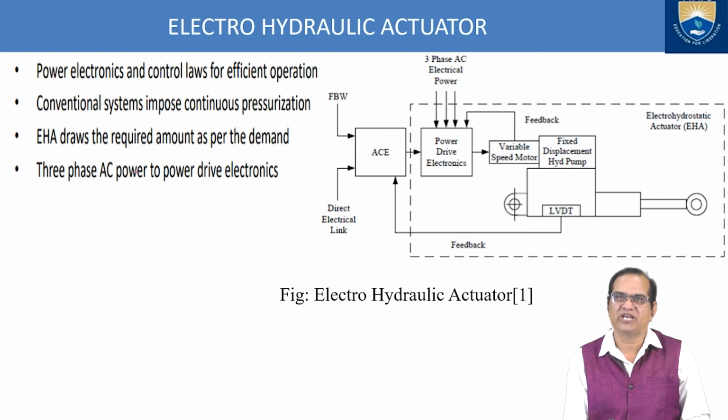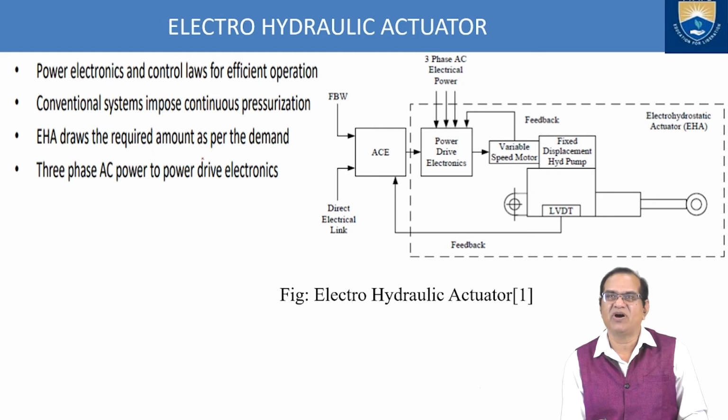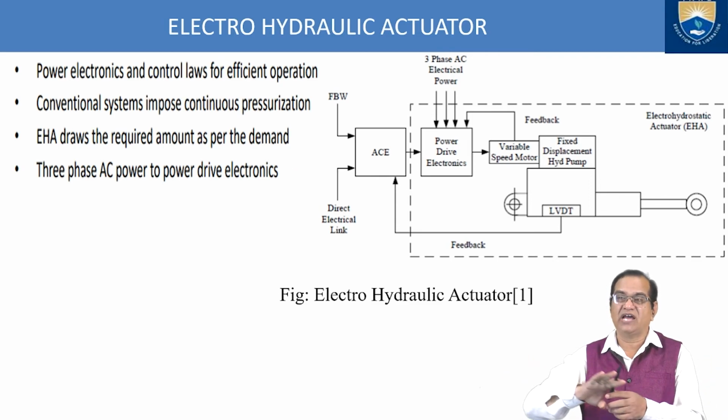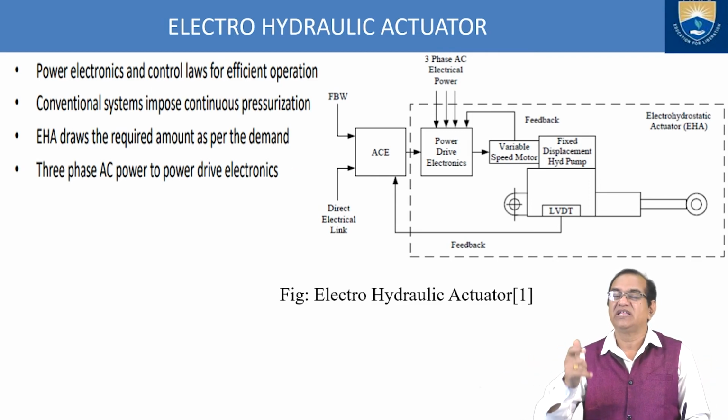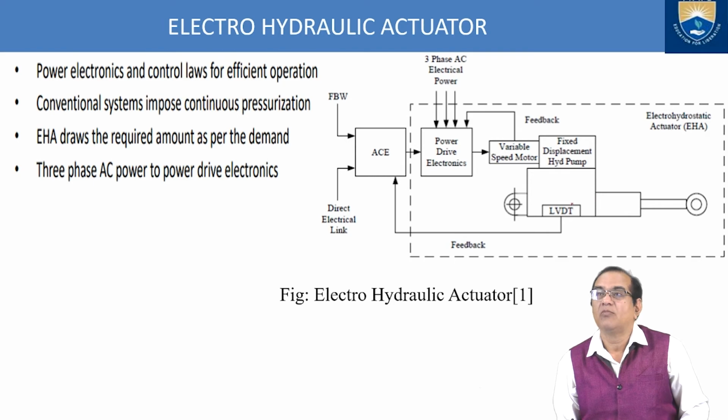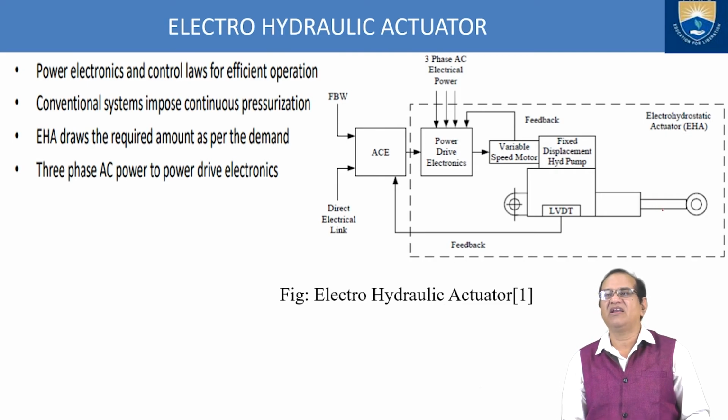These electro-hydraulic actuators draw the required amount as per the demand. What is the demand? How much I want to extend and how much angle I want to change. As per the input of the pilot or the autopilot, the LVDT will move this lever or this jack, and accordingly the angle and the required motion will be achieved.